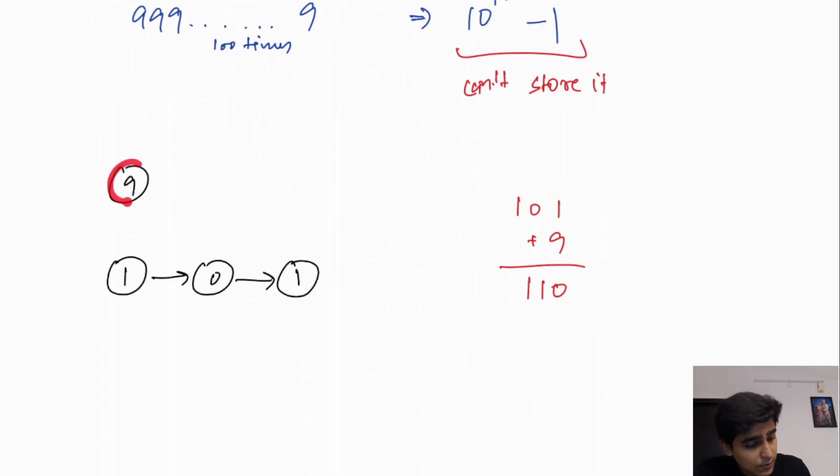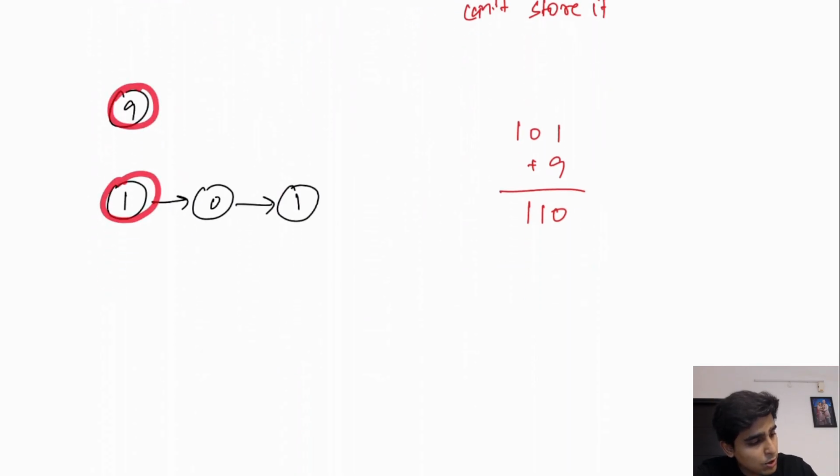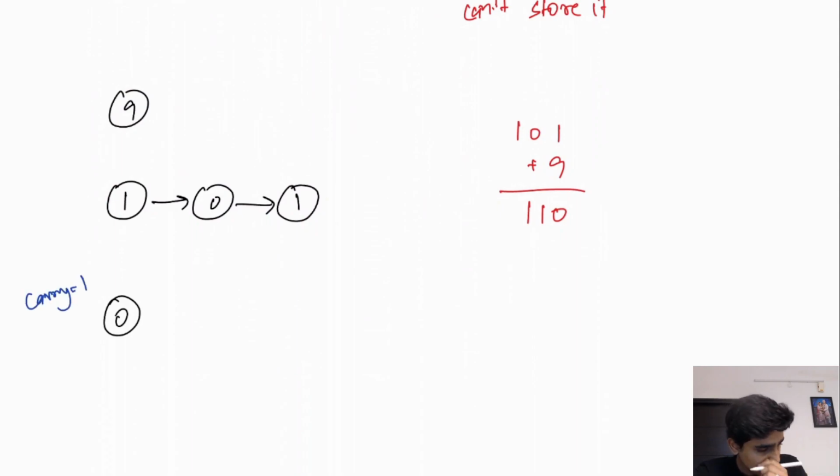But in this case, if I add these two digits, I will get 0 and a carry equal to 1. But now this linked list is over. This linked list is done. Then how do I process the remaining digits? So this is the corner case. If any one of the lists ends, we have to just take the carry and use it in the remaining digits.